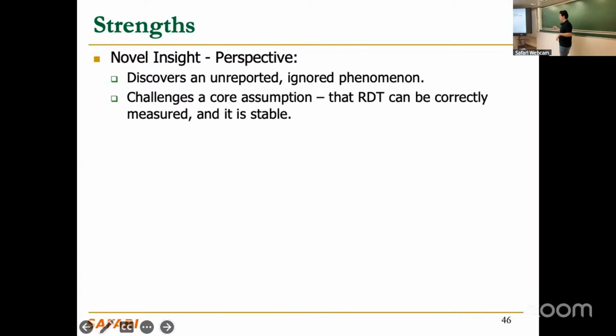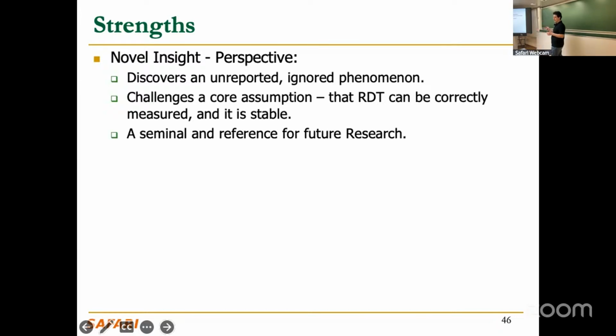In its essence, it challenged the core assumption that these threshold values can be correctly measured or are stable after each measurement. So at the end, it cemented itself as a seminal work, and I believe it's also a reference for future research in disturbance mechanisms.